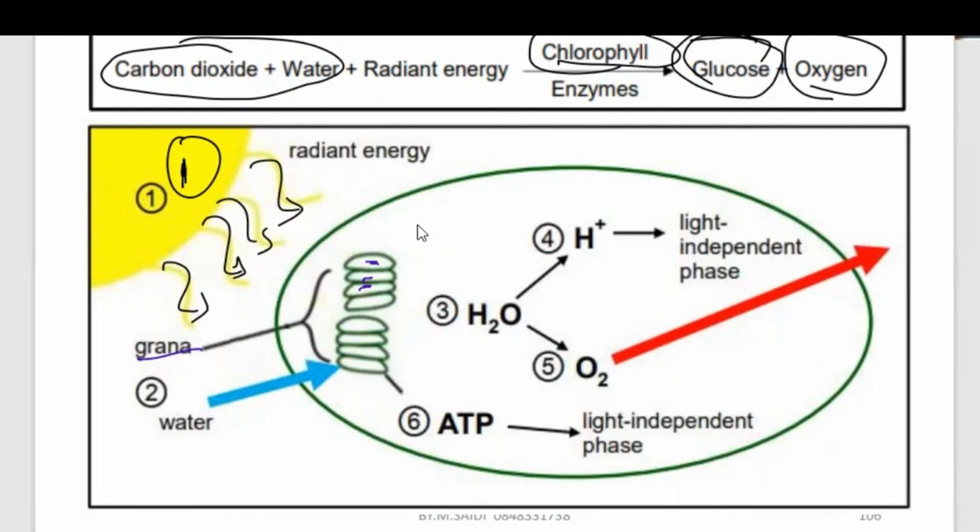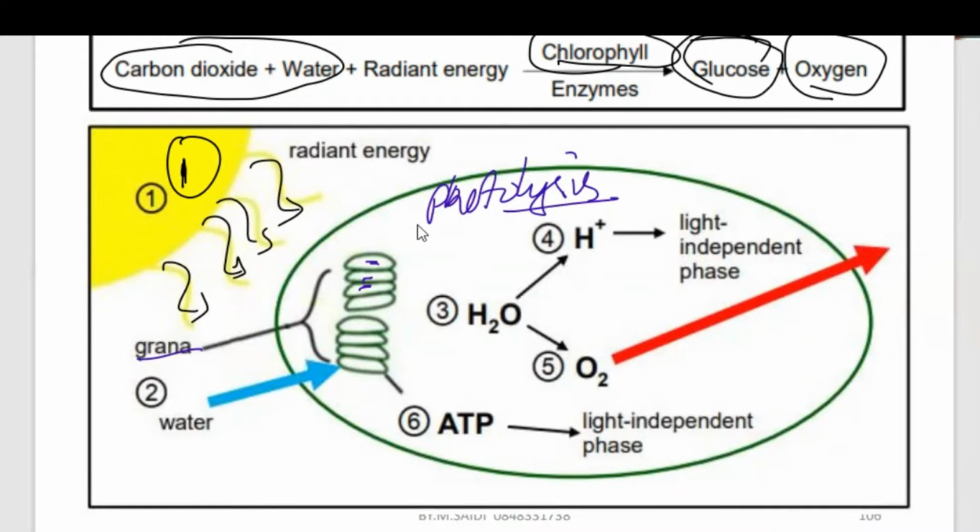This plant will absorb water from the soil, and then this light will help to carry out a process called photolysis.